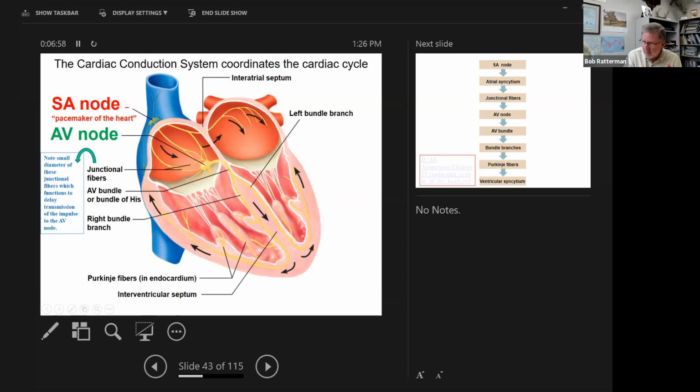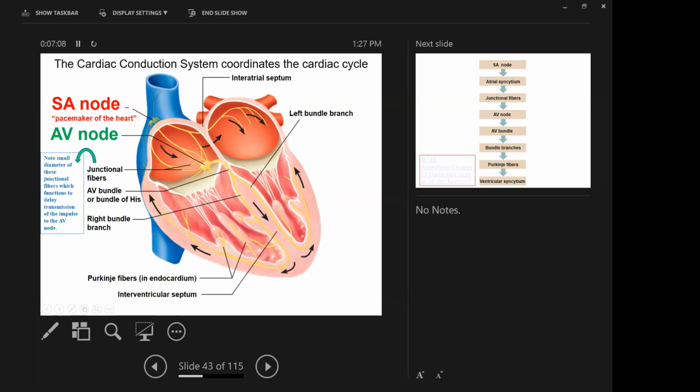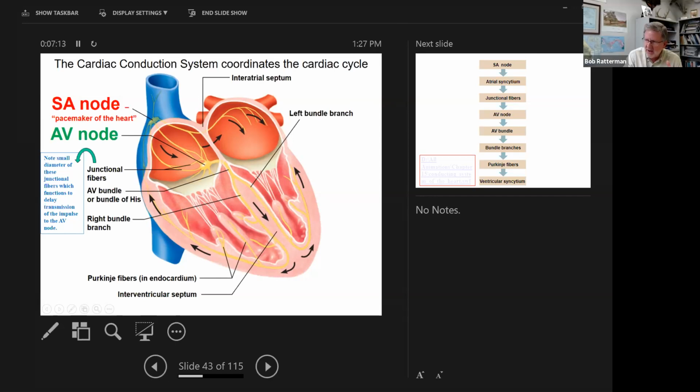The right bundle branch is going to come down the other side of the interventricular septum and make a curve near the apex and head on up and infiltrate the myocardium of the right ventricle and also the papillary muscles. What do you think the ventricles are going to do in response to those stimuli?